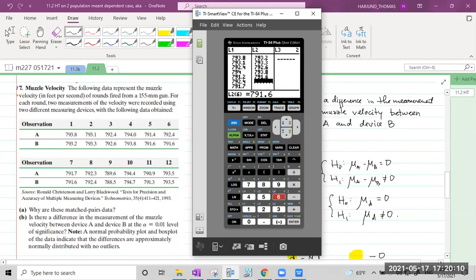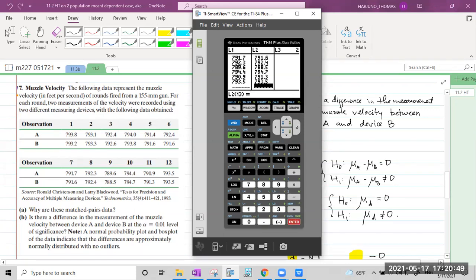This is data number 6 from observation B. Data number 7, 791.6, 792.4, 788.5, 794.7, right? That's data number 10, right? 791.3 and 793.5.